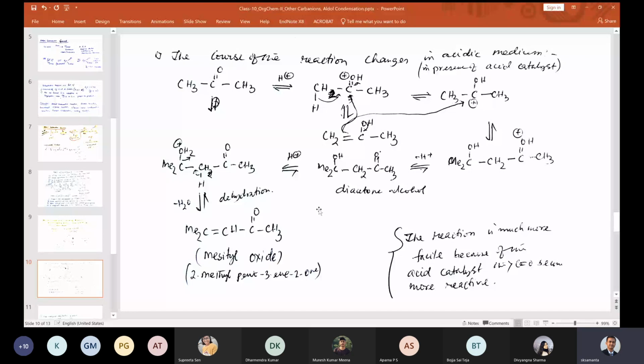So this diacetone alcohol, you have this OH, takes a proton, becomes OH2, becomes a good leaving group. You have a proton here, which is the criterion as I discussed in the HCXYZ condition. Then this bond will come here, this will go, and you get the double bond. So in this case, you get mesityl oxide after dehydration.